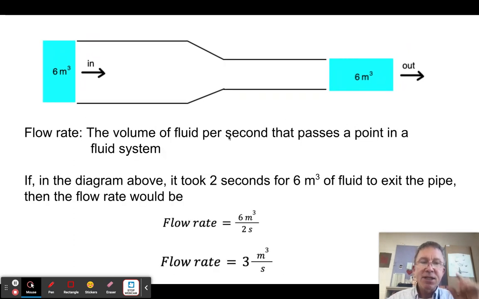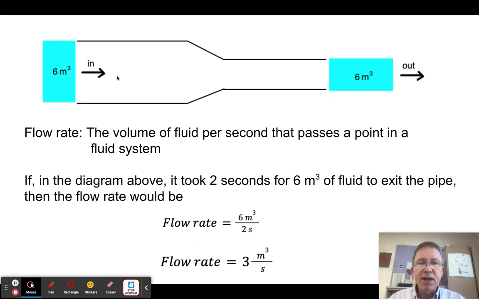All right, in order to see why it's cool, you have to understand a concept called flow rate. Flow rate is just how many cubic meters per second flows through this system, or past a given point in the system. Basically, it's the rate of volume in versus volume out. So let's say it takes 2 seconds to move this into here.